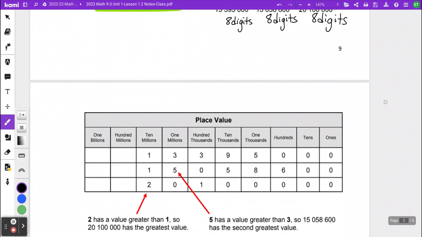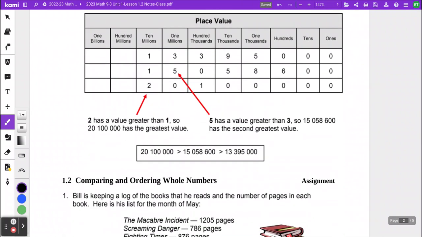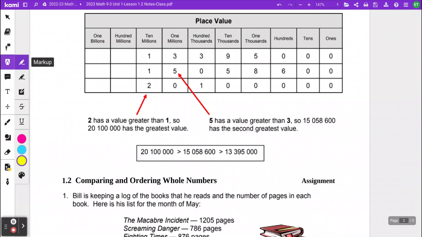So we're going to look at the next page where they put them in a place value chart. And when they're in a place value chart, we can now take a look and identify which number is bigger in each column. Since they have the same amount, we're going to notice that 2 is bigger than 1. So that means this number is our largest.